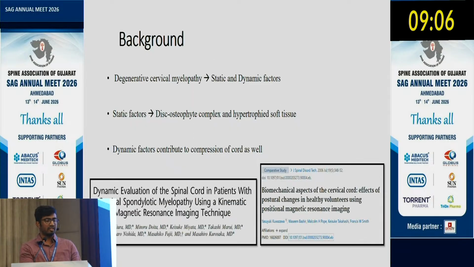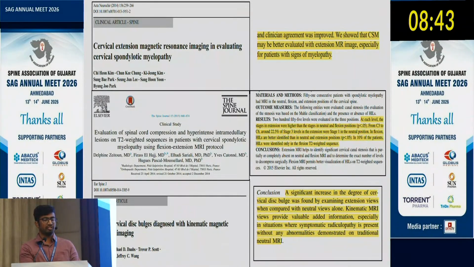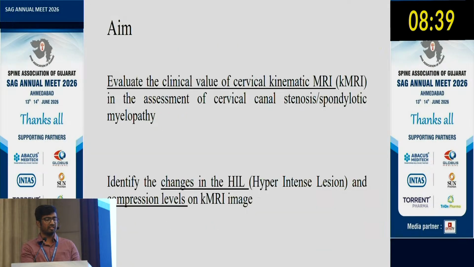The background for this study is that degenerative cervical myelopathy has static and dynamic factors. Static factors like disc osteophyte complex and hypertrophied soft tissue are clearly evident in normal MRIs. However, dynamic factors require a special MRI, like this kinematic MRI. This is a well-studied concept, and many articles have been written on it.